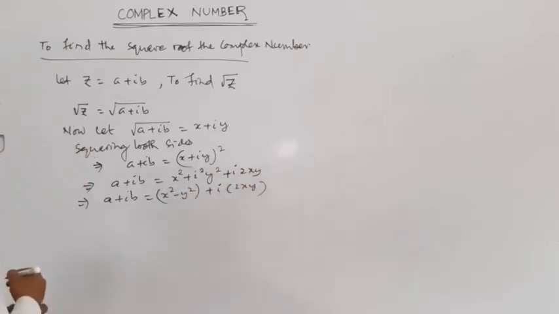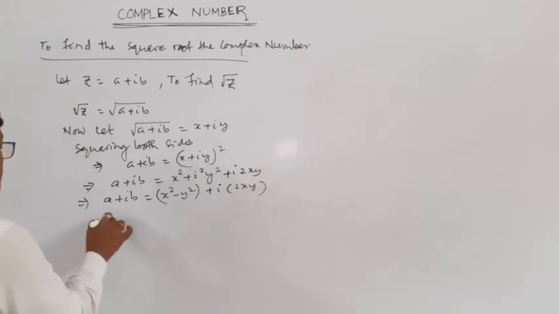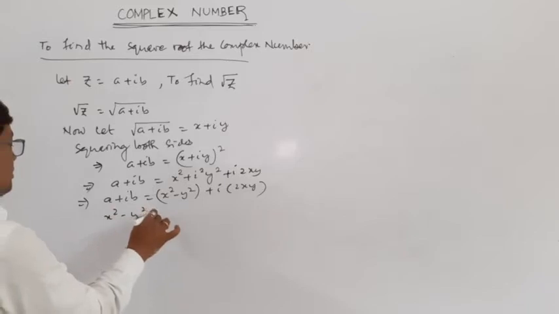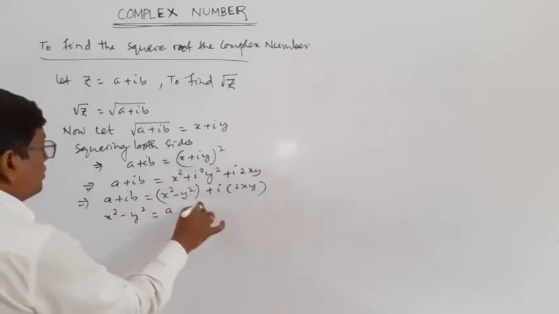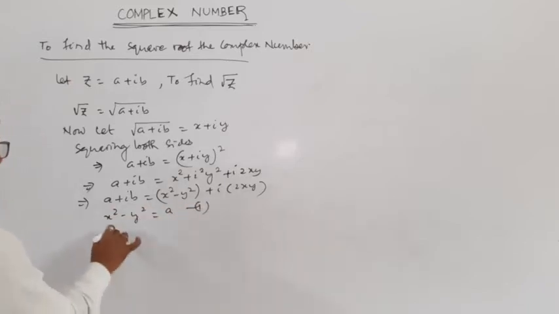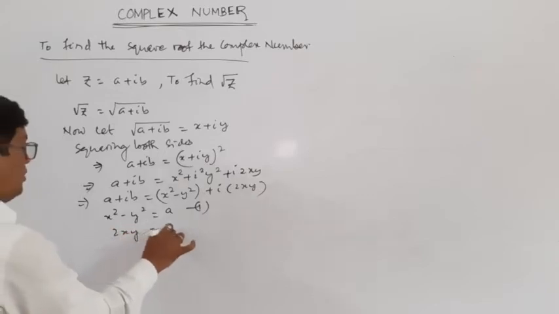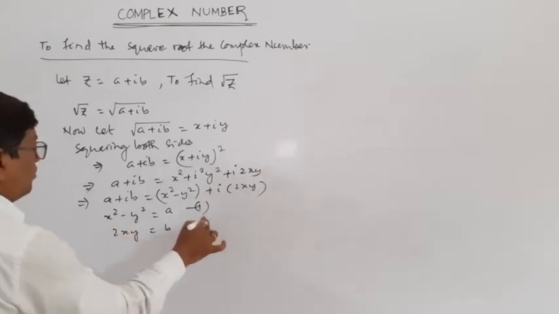This is the standard form. Equating real part and imaginary part, x² − y² is equal to a, suppose this is equation 1, and 2xy is equal to b, suppose this is equation 2.